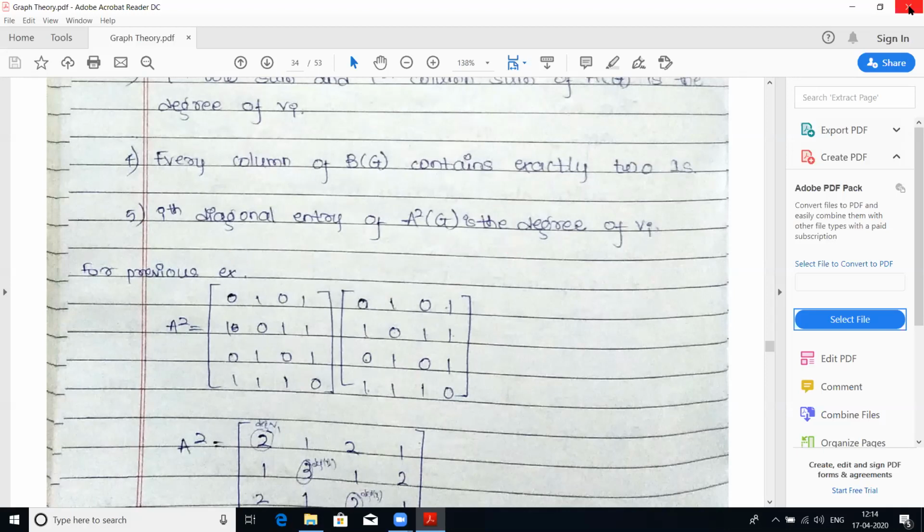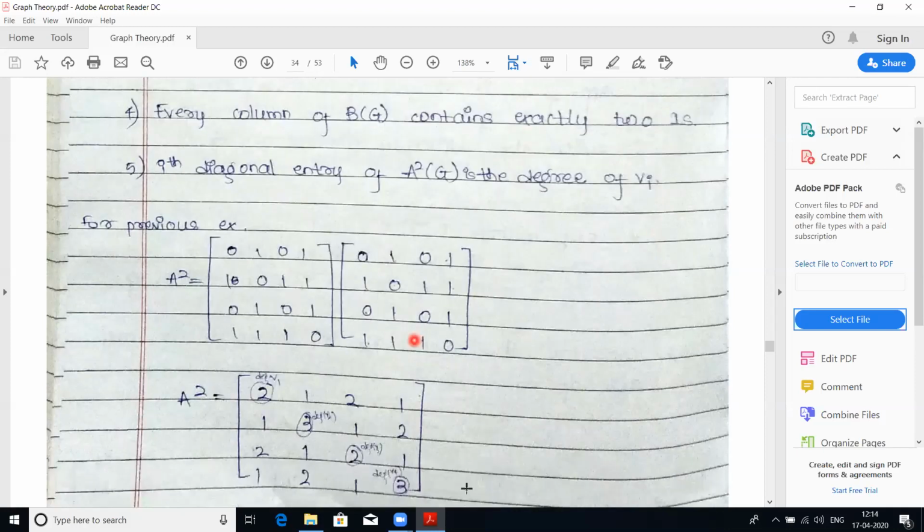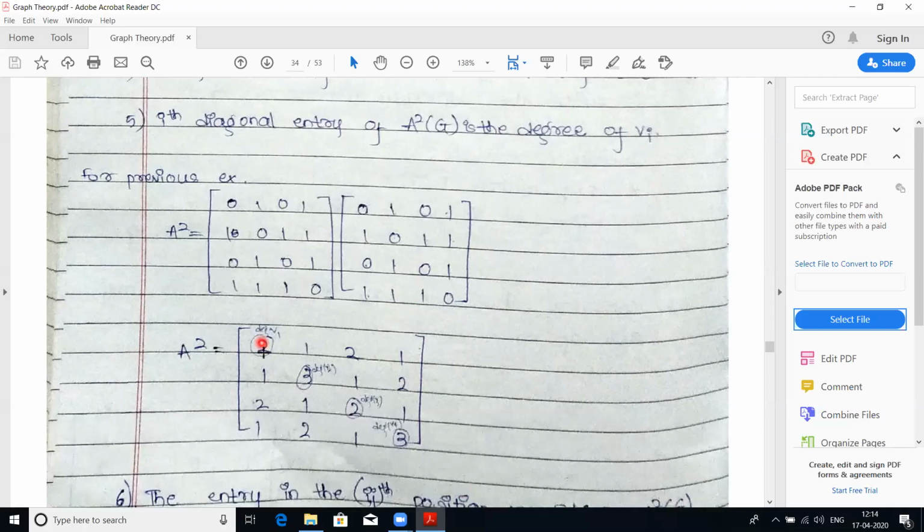A square was calculated in the previous example: the first diagonal entry is the degree of V1, the second is the degree of V2, the third is the degree of V3, the fourth is the degree of V4.